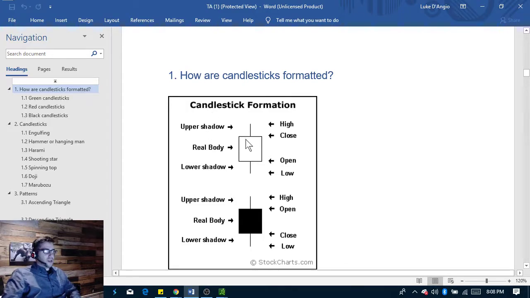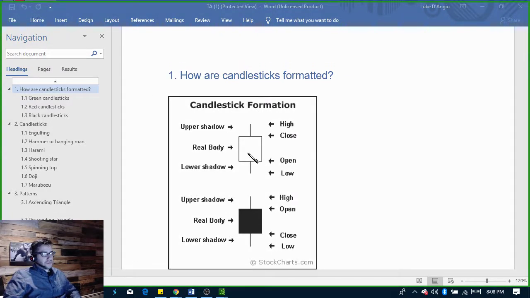This is candlestick formation. So basically, you have a candle, and then you have a wick. The candle represents, let's say, 1 minute. Could be 2 minutes, could be 5 minutes, could be 10 minutes, could be a day, could be a week, could be 3 weeks. It doesn't matter.